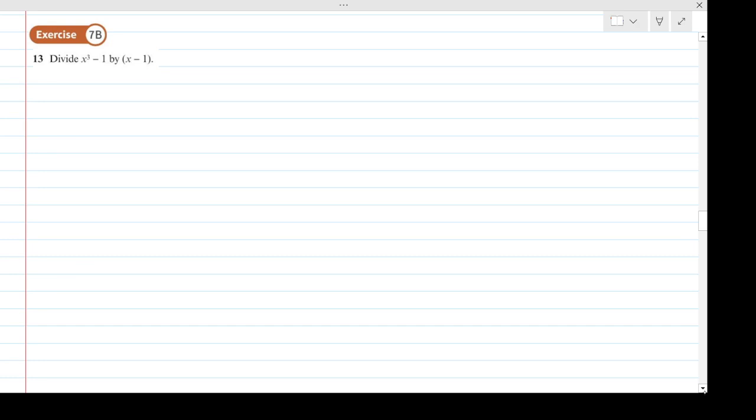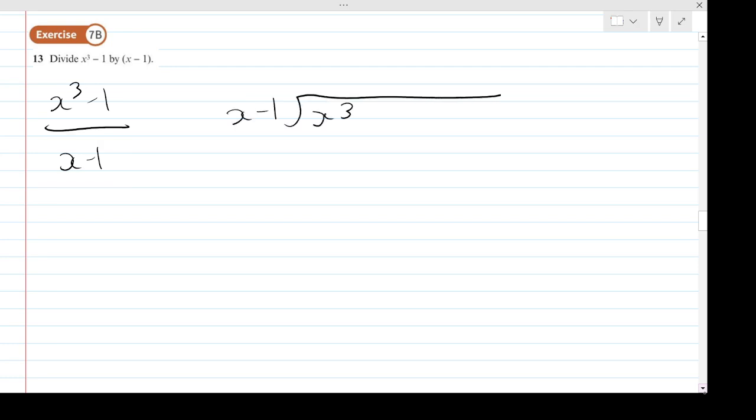You only need to know how to perform it, the bus stop method. All the other stuff about the division theorem, you don't really need to know. But anyway, let's have a look at this. We are told to divide x cubed minus 1 by x minus 1. Let's write this out as a fraction. The divisor, I write outside the bus stop, and then I have x cubed minus 1 inside.